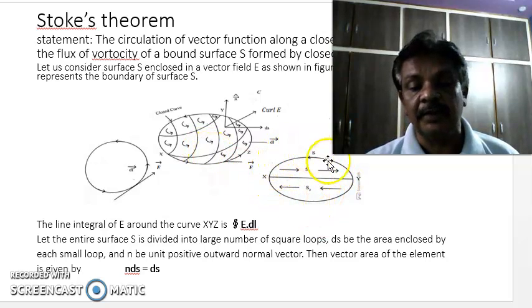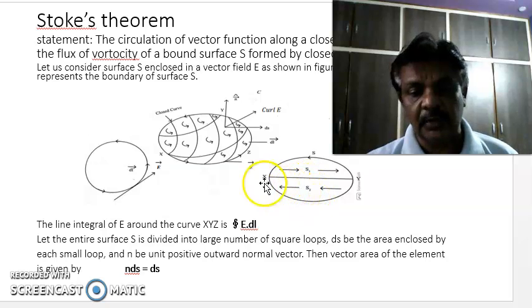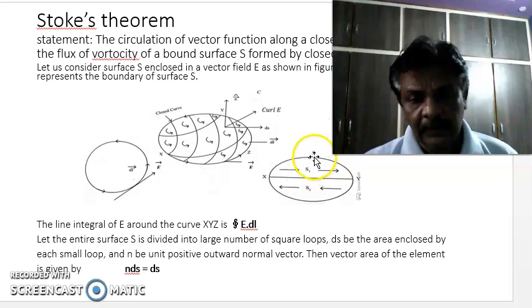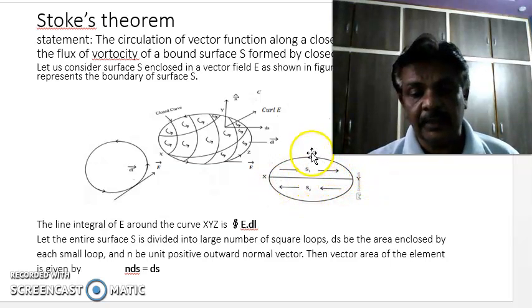The curve C1 forms the surface area S1. The curve C2 forms the surface area S2. Let us see the direction of the curve C1. Curve C1 is traveling along this direction from X to Y.